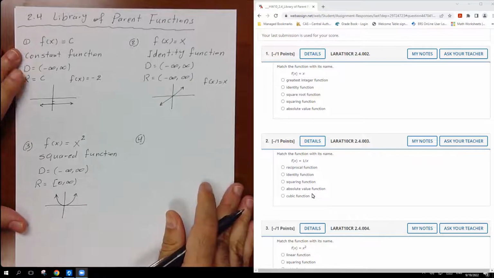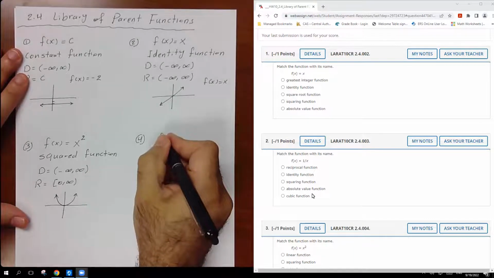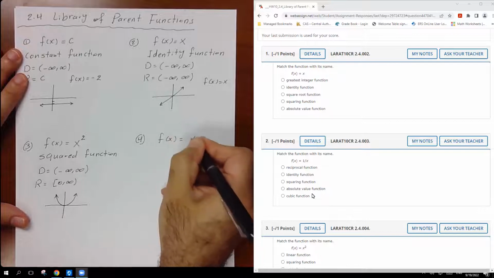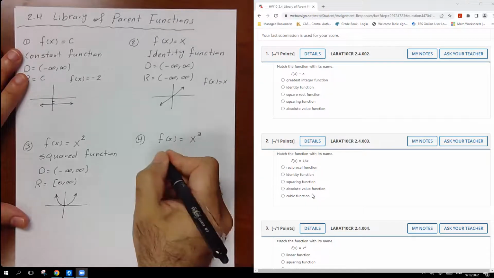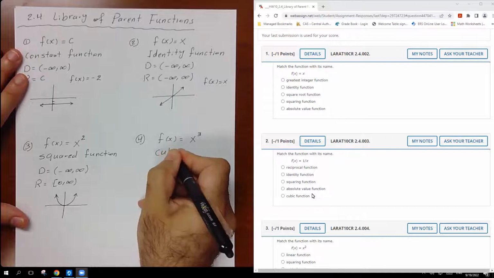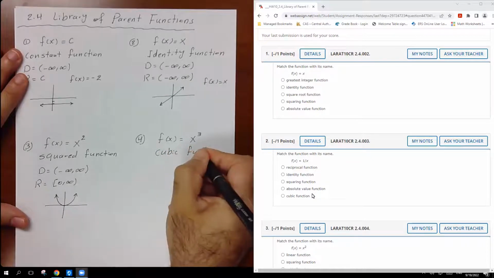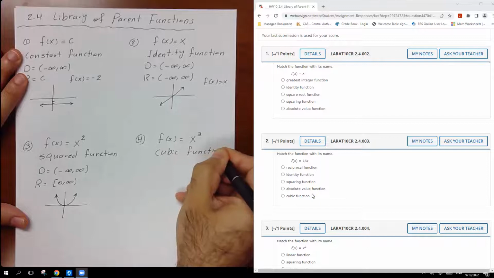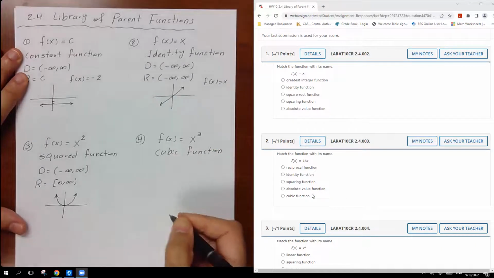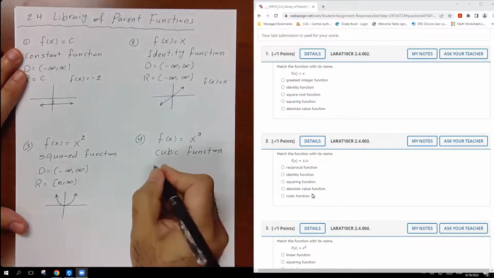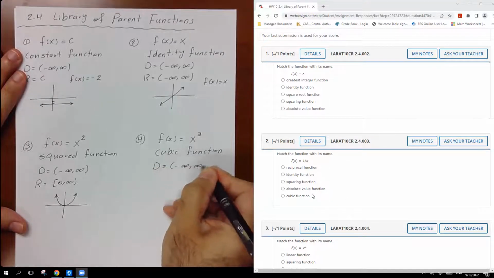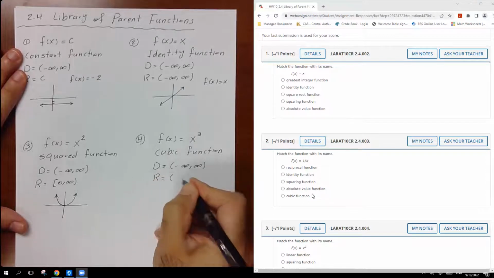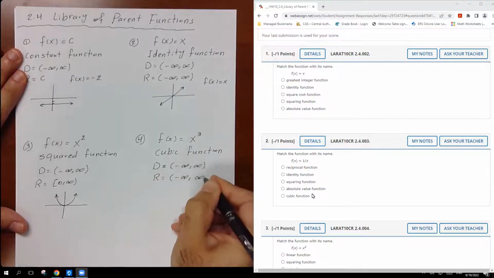Number 4, let's do the f of x equal x cubed. X cubed is called a cubic function. Cubic function, the domain always for this function from negative infinity to positive infinity, and also the range from negative infinity to positive infinity.